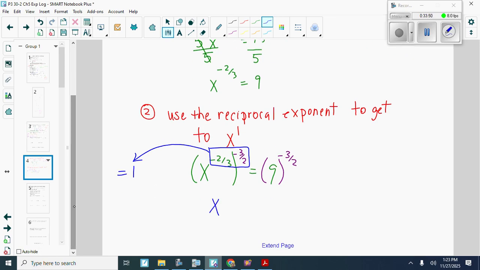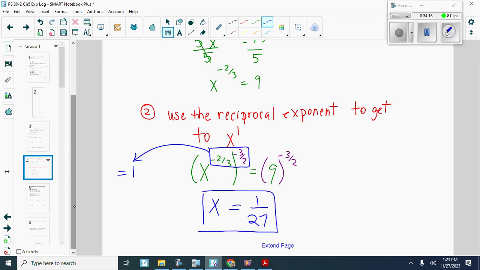Now we have x to the power of 1. Guys, go ahead and put that into your calculator. You'll probably either end up with the decimal, or it'll give you 1/27 as your answer.